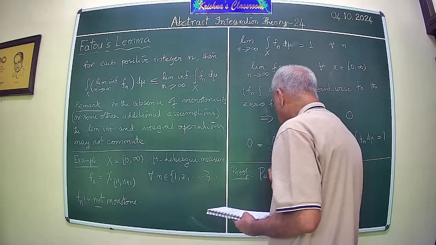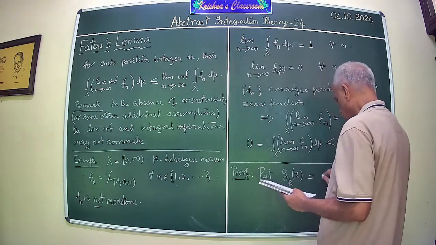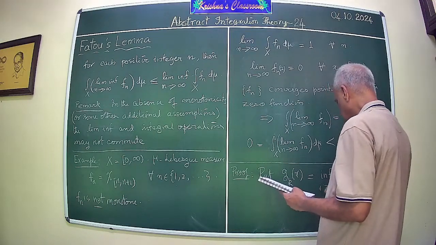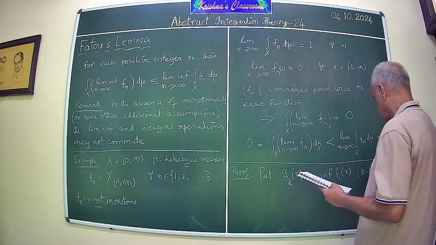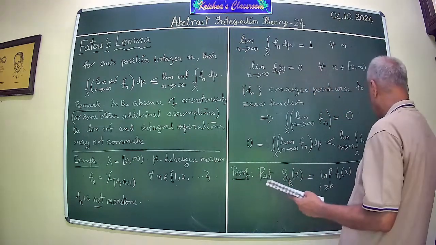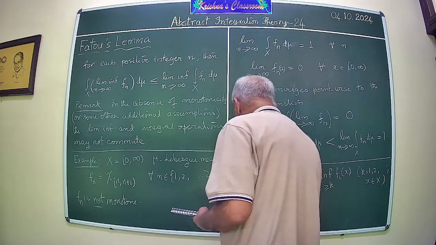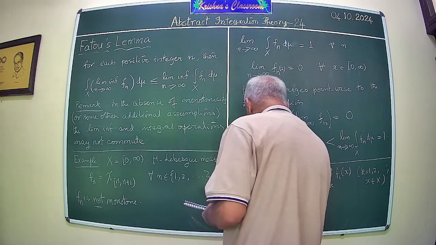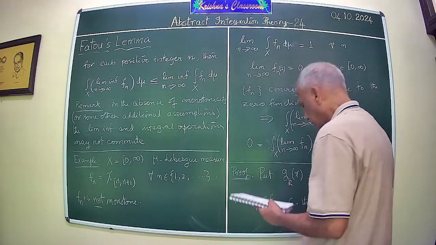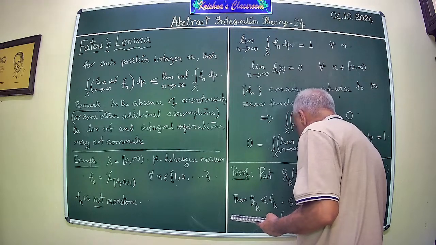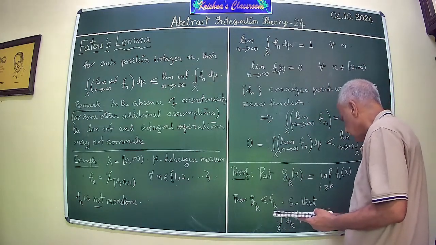Put Gk, and for x belonging to, then Gk is less than or equal to, so that the integral over, measurability etc. is very well taken care of.